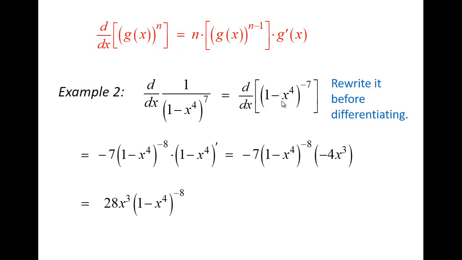So once again here, when you look at this function, you almost wish 1 minus x to the 4 was just an x. So then you just have x to the negative 7, and the derivative of that is negative 7x to the negative 8. But then you replace x by this function 1 minus x to the 4, and then you multiply by the derivative of this function.